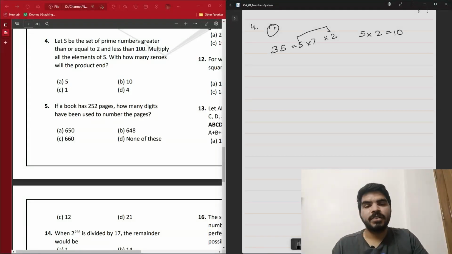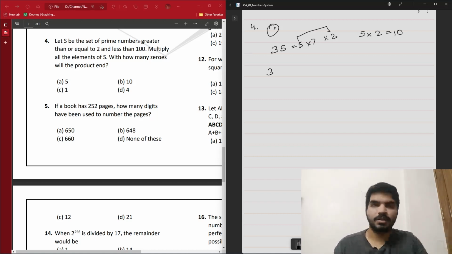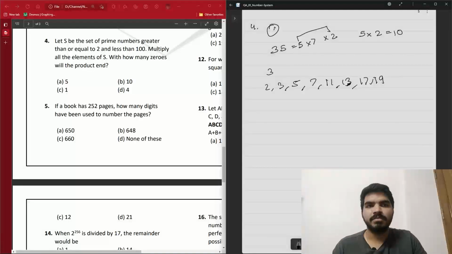Now we are given that all are prime numbers. So for example 3 is there. You can't multiply 3 with any prime number to get a multiple of 10. So if you multiply 2, 3, 5, 7, 11, 13, 17, 19, since all of them are prime numbers, the common factor they have is 1.